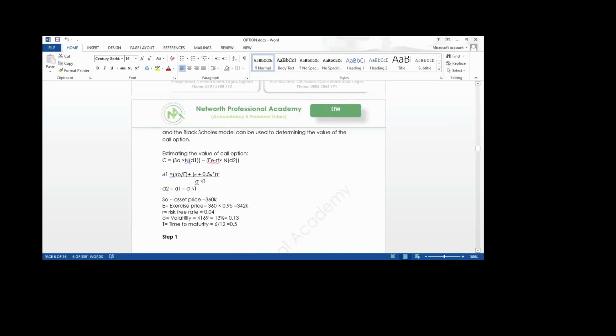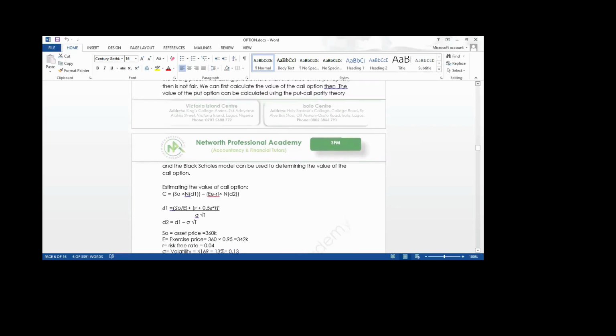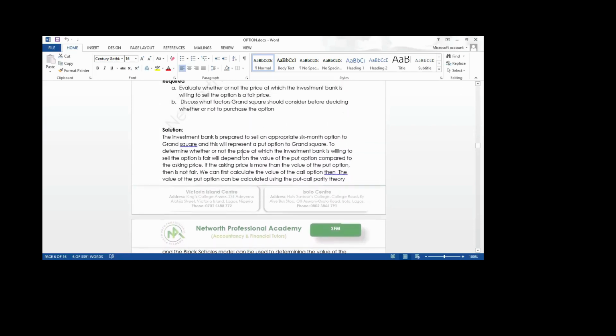There are two ways to calculate this. You can calculate call value first, and when you get the call value, you then use it to calculate put value. This question is about the right to sell. The investment bank is prepared to sell an appropriate 6-month option to Grand Square.